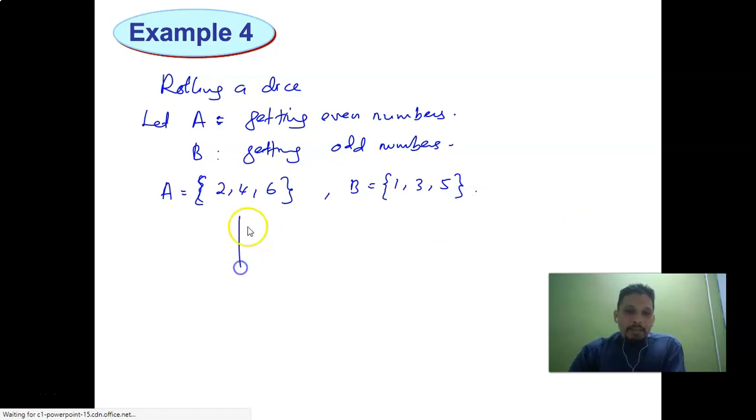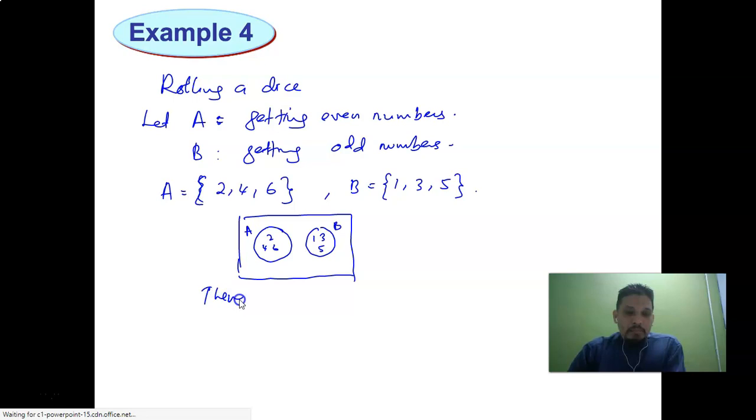Okay, so say event of A here and B with 2, 4, and 6, 1, 3, 5. So between these two events, there's no number on the dice that is shared by both A and B. There is no intersection.